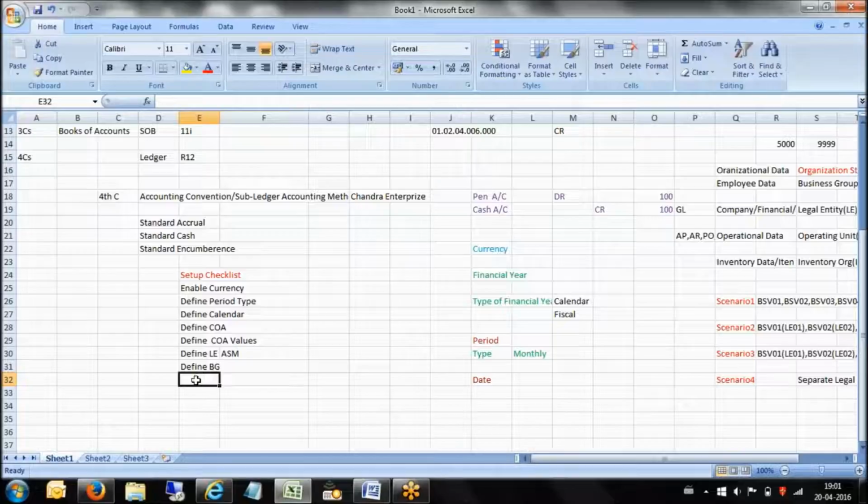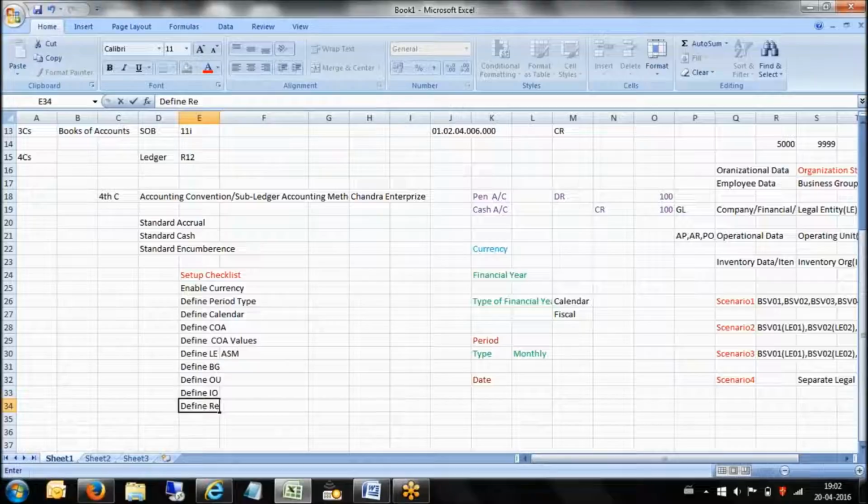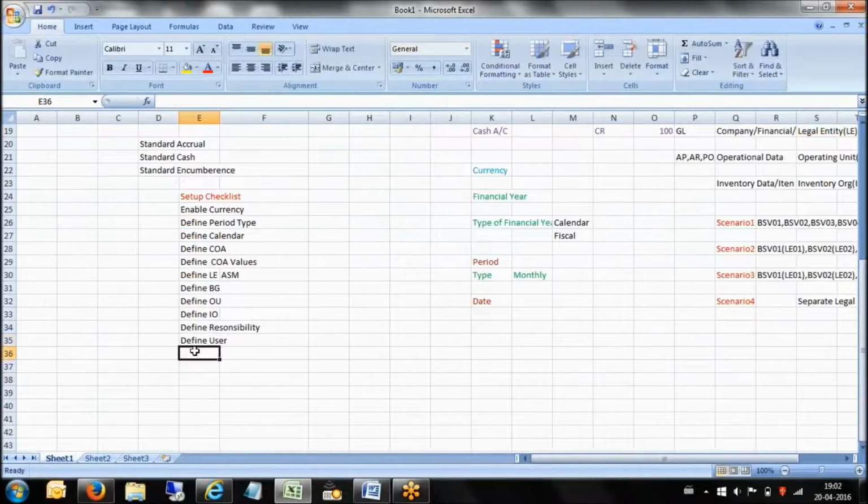Then define OU. Then define IO. Then define responsibility. Then define user. Then assign profile values.